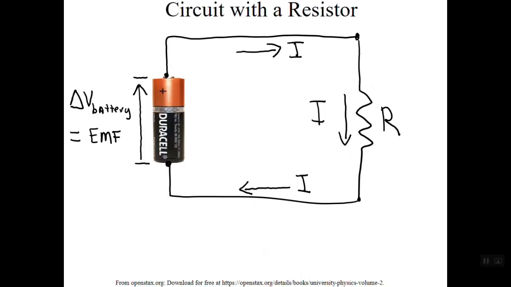Let's now return to our simple circuit where we represent the resistive element with the short zigzag line in this lumped circuit element representation of a single loop circuit with an energy source and a single resistor.